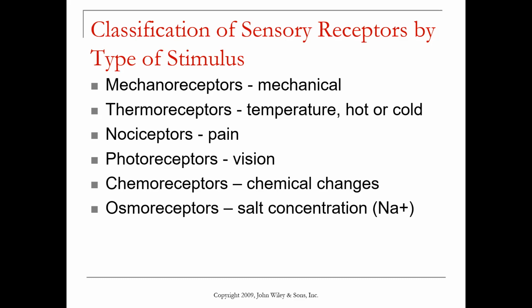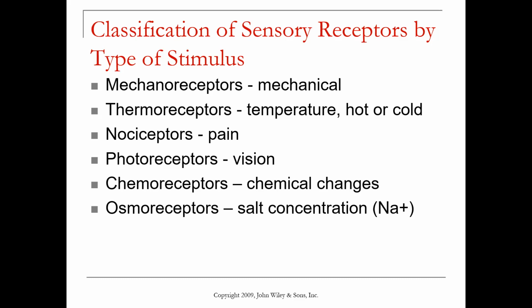So is pressure. Those are all mechanoreceptors. Thermoreceptors. We detect and monitor temperature changes, both internally and externally. We have special receptors for heat. We have special receptors for cold. Third category here are the pain receptors. We call them the nociceptors.